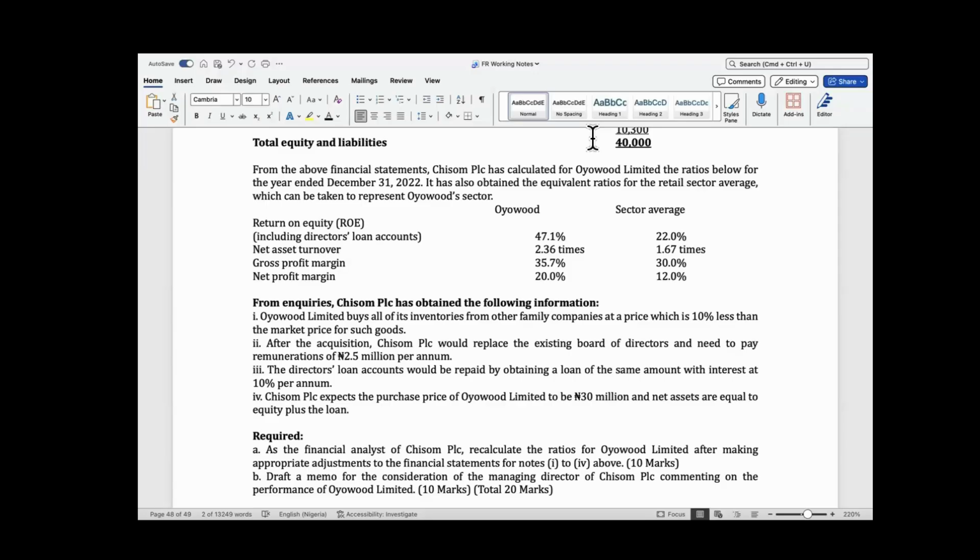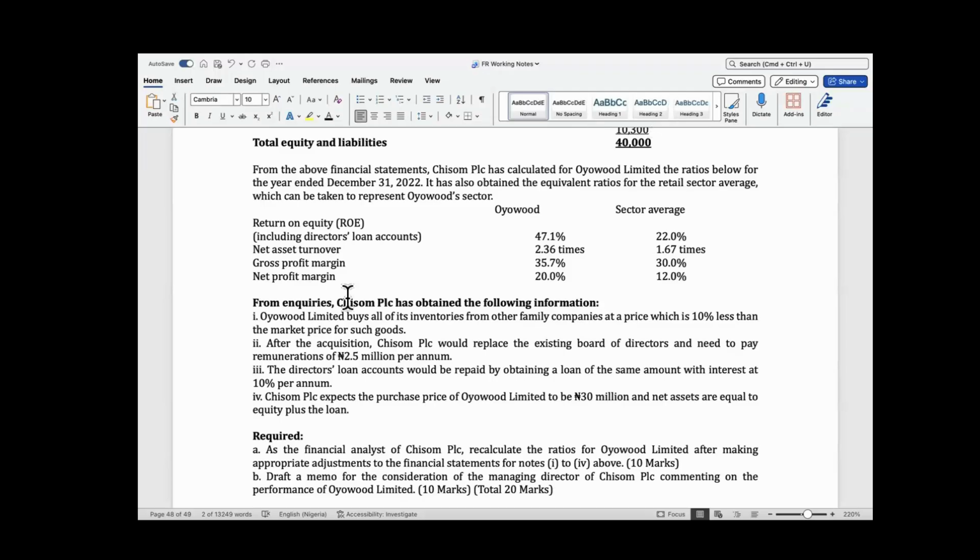From inquiries, Chisom PLC has obtained the following information. Additional information: one, Oyo Wood Limited buys all its inventory from other family companies at a price which is 10% less than the market price for such goods. Two, after the acquisition, Chisom PLC would replace the existing board of directors and need to pay remuneration of 2.5 million per annum.